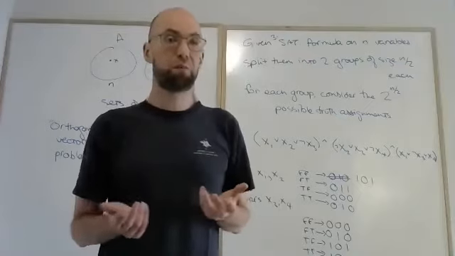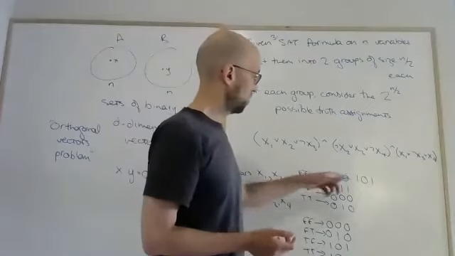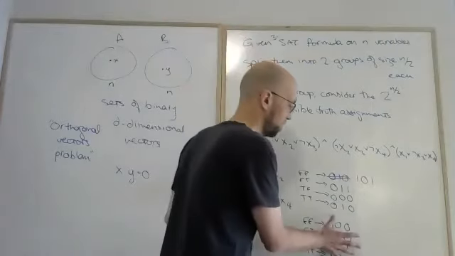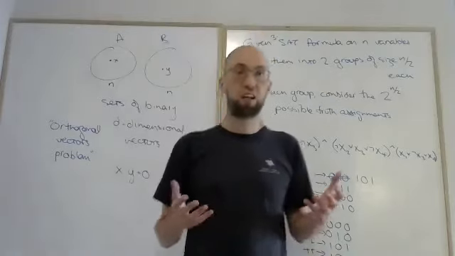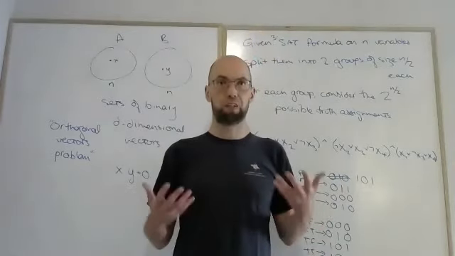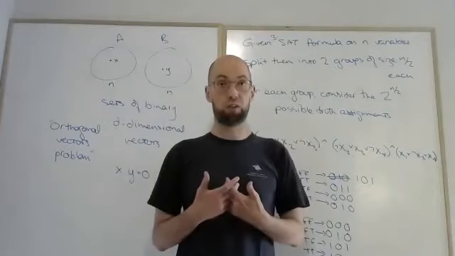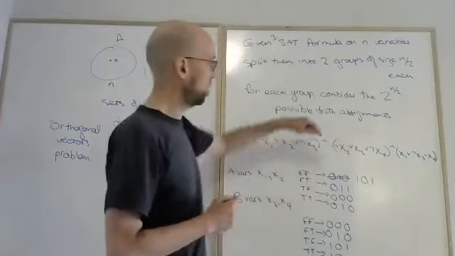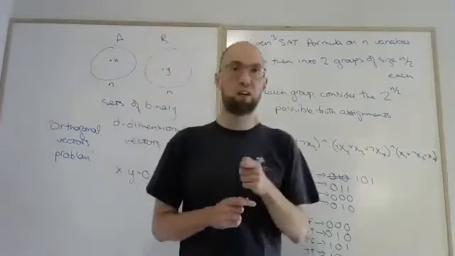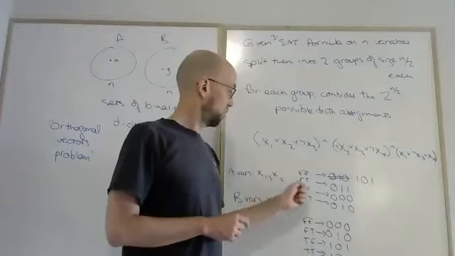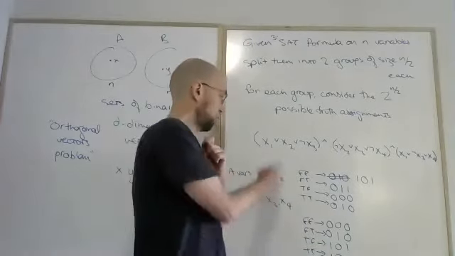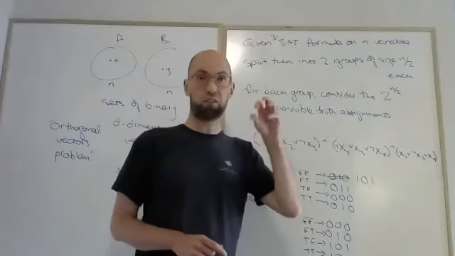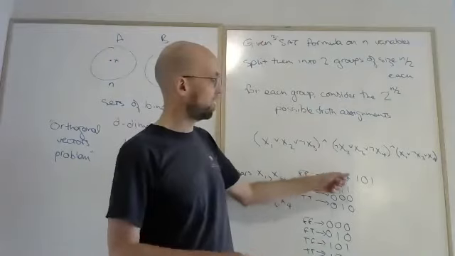But if I could say there's some binary vector in this set, and some binary vector in this set, such that their dot product is 0, they're orthogonal, then that means that for every clause, either the truth assignment to the first subset of variables is making that clause true, so that you have a 0 in the ith bit.